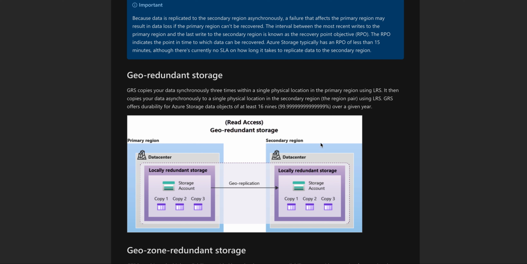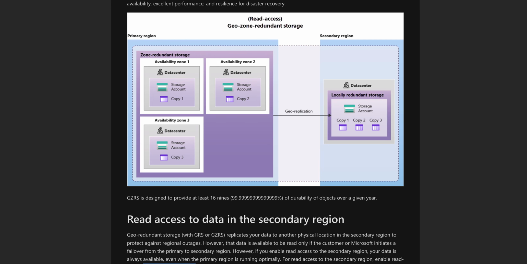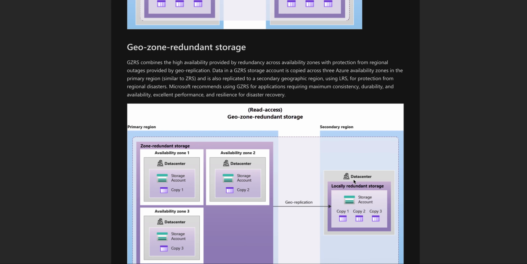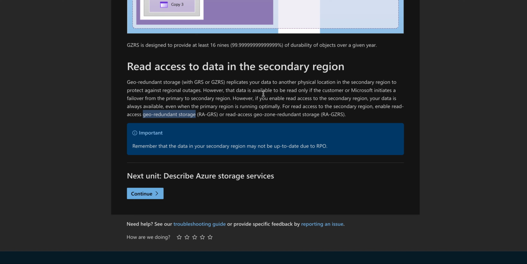If you want read access to the secondary region of the geo redundant storage setup, it's called RA-GRS, and if you want read access to the secondary region of geo zone redundant storage, it is called RA-GZRS, right?